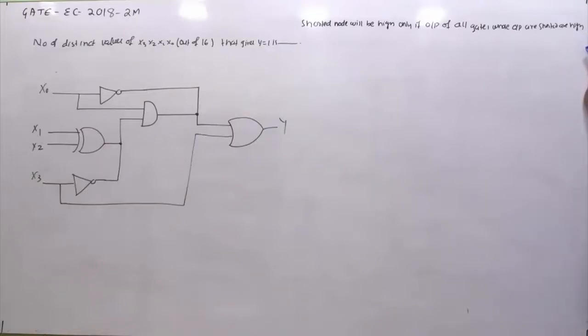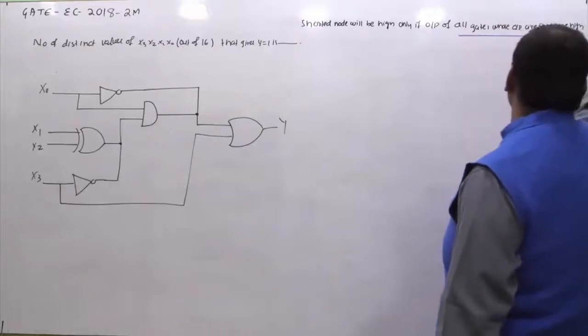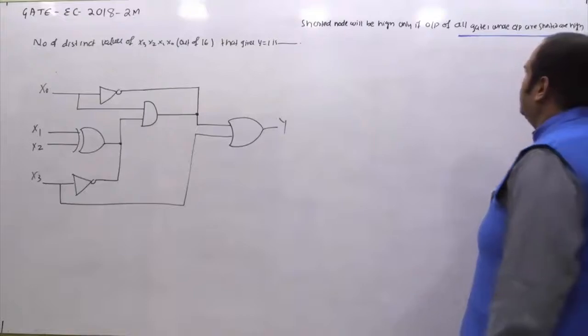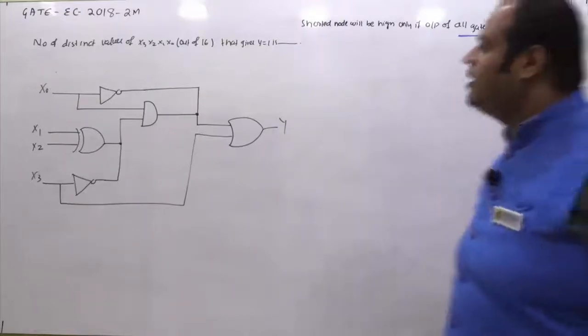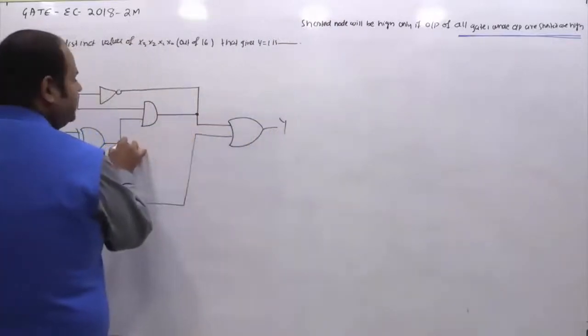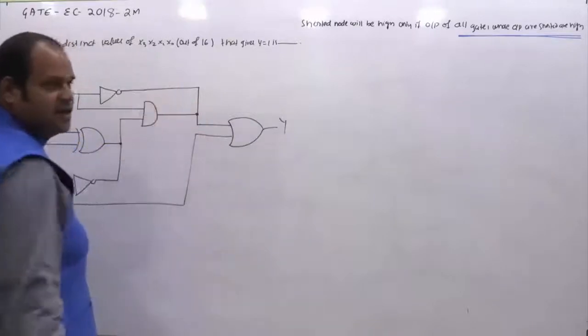They have given that some nodes are intentionally shorted, and then they are saying the shorted node will be high only if outputs of all gates whose outputs are shorted are high. What are the shorted nodes? If you see, this is a shorted node, this is a shorted node. In other words, to this node simply outputs of some gates are connected.